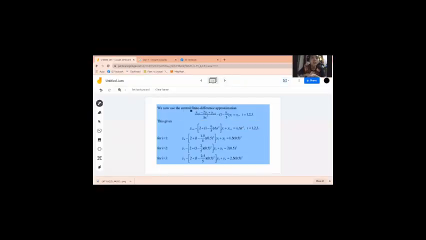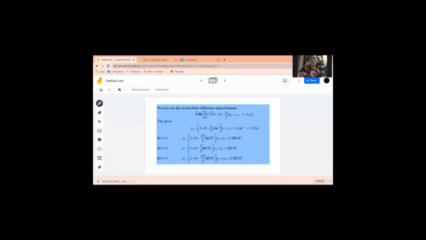So we now use the central finite difference approximation, which is (y sub i plus 1 minus 2 y sub i plus y sub i minus 1) over delta x squared minus (1 minus x sub i over 5) y sub i is equal to x sub i, where i is 1 to 3.